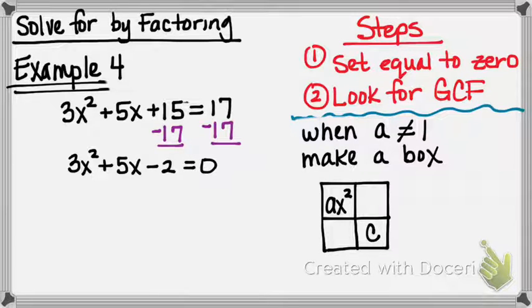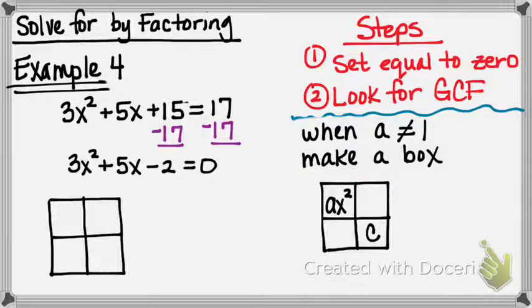And then, do we have a greatest common factor? Is there a number that goes into 3, 5, and 2? Nope. So now let's make our box for this trinomial. The A term, which is 3x squared, is going to go right here.